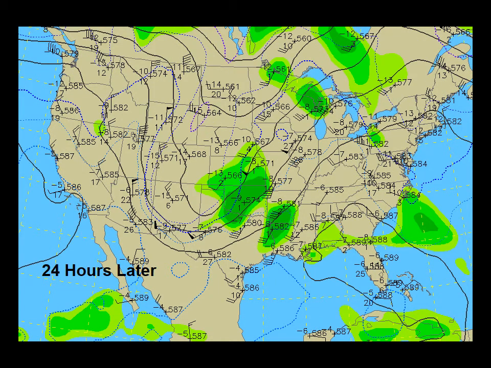But then 24 hours later, you can see that the whole pattern kind of amplified and also shifted to the south. So this is a stronger weather system that is digging. In other words, it's amplifying and moving to the south a little bit.